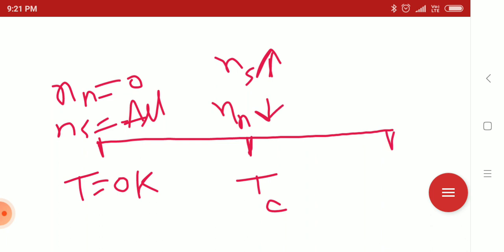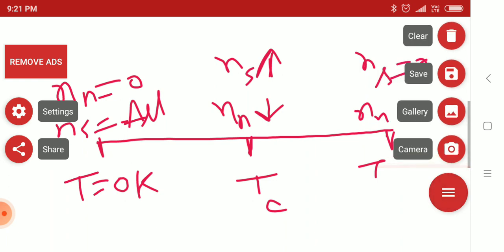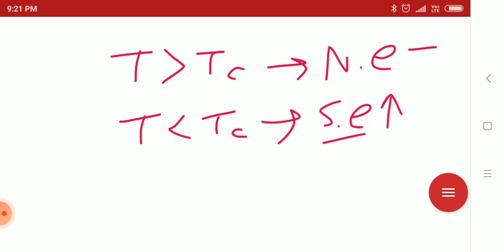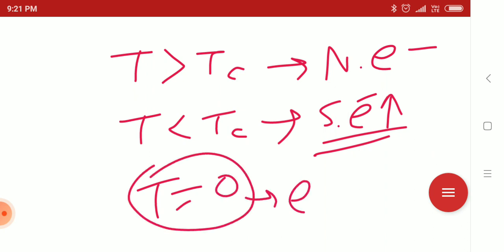And whenever T is greater than or equal to Tc, there is no super electron, all are normal electrons. So according to London, whenever temperature is greater than the transition temperature, all are normal electrons. Whenever temperature is less than the transition temperature, the number of super electrons increases, and when T equals 0, all are super electrons.